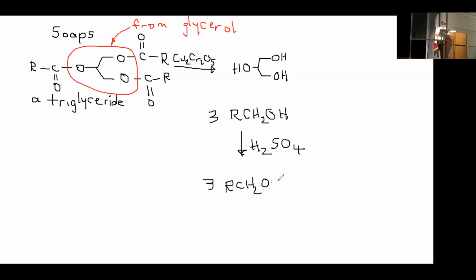CH2O. Instead of OH, we're going to put a sulfate group on it, which looks a lot like this, OH. And then they treat this with a mild base, or a careful reaction with a little bit of aqueous sodium hydroxide, or some other mild base like that.